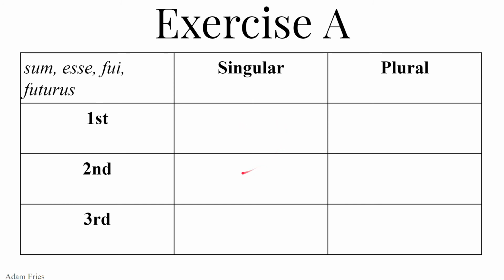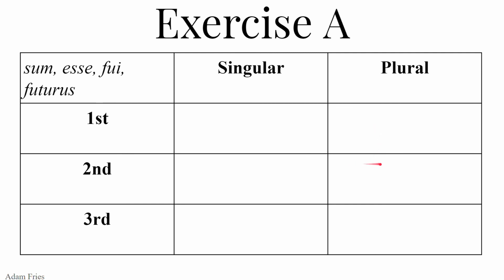Sum, and then es for the second person singular, you are. Third person singular, est, is. We also have existential est, there is. Est as a linking verb is just is. First person plural, sumus, we are.